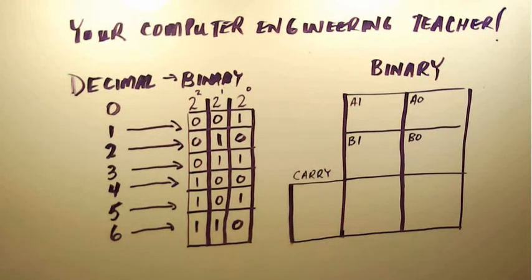And we could keep on going, but I hope that you get the idea of how you count in binary. Remember, you can only use zeros and ones when you're counting in binary.